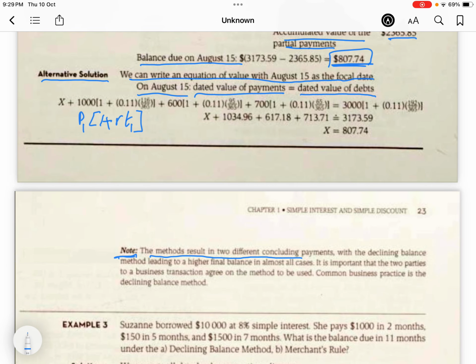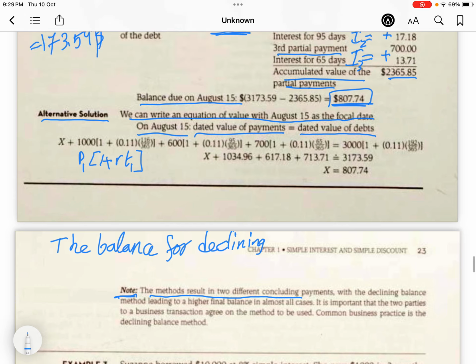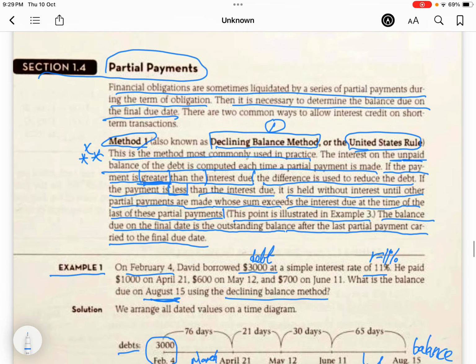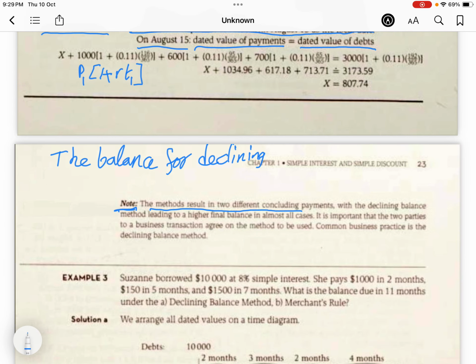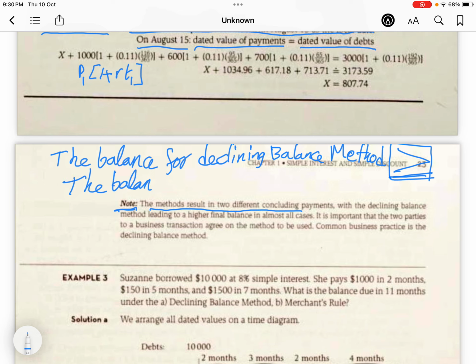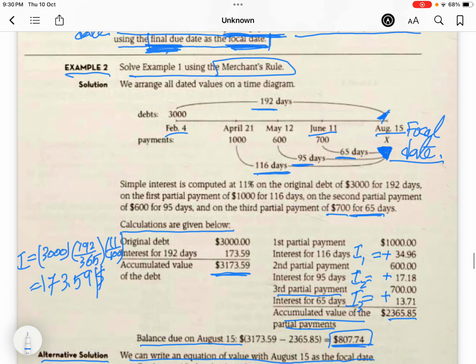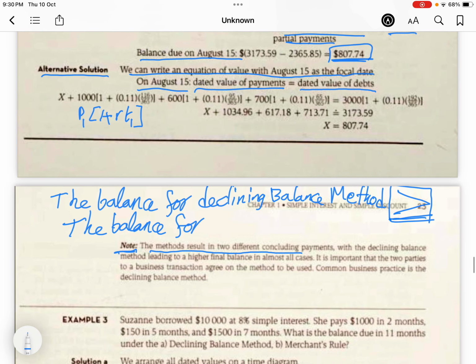Notice that the balance for the declining balance method is always greater than the balance for the merchant rule.